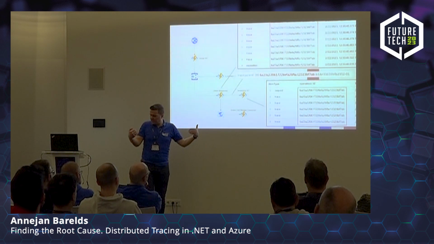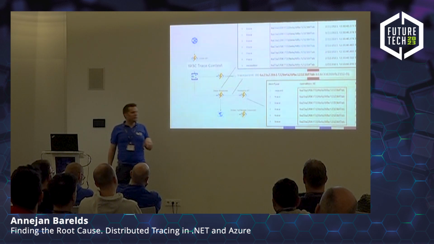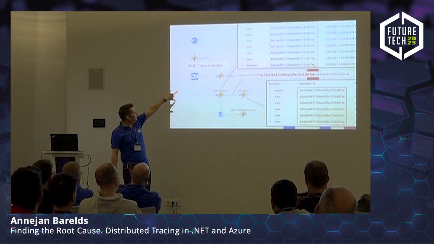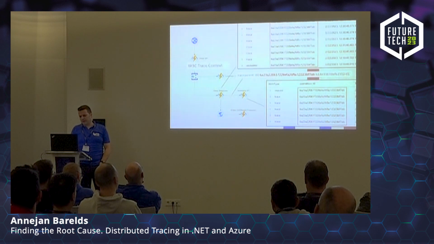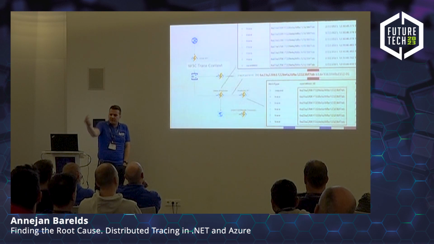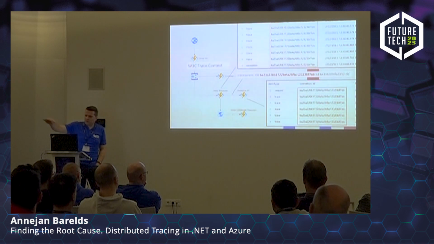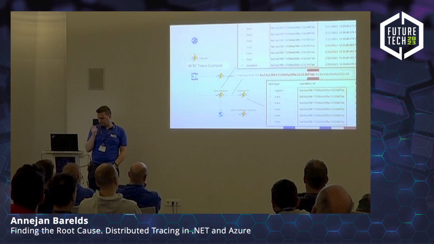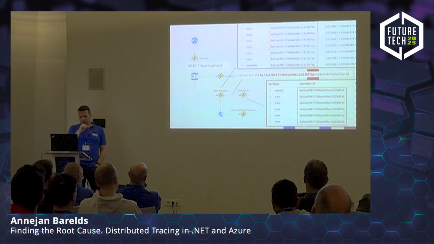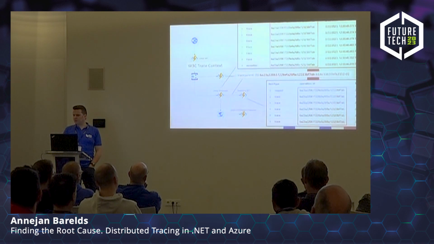So it's basically simply a header defined, by the way, by the W3C Trace Context standard. A trace parent header that is basically communicating over HTTP what the parent request is, basically. So that's the first standard that we are coming across if we're doing this.